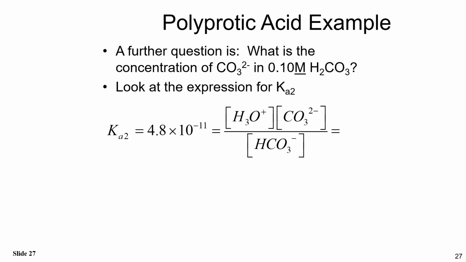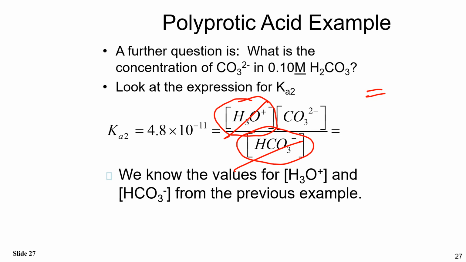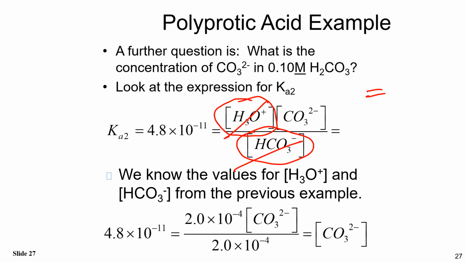Well, we just calculated hydronium and hydrogen carbonate, and we said they were equal to each other, which means they cancel, which leaves us with the carbonate concentration being equal to Ka2. This is generally true for polyprotic acids if we can make this approximation.